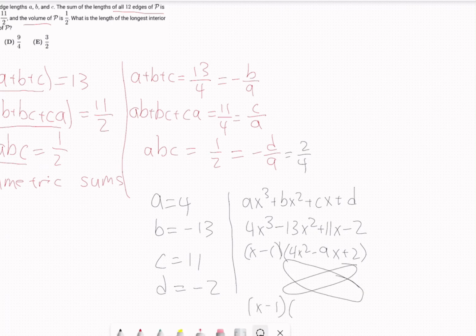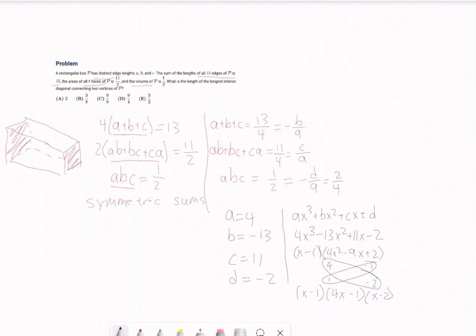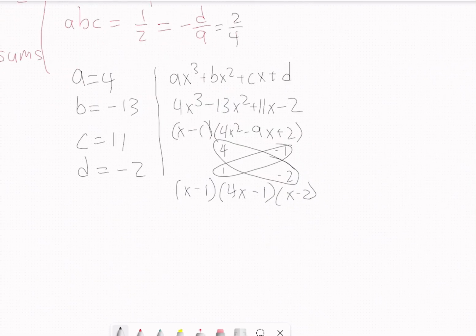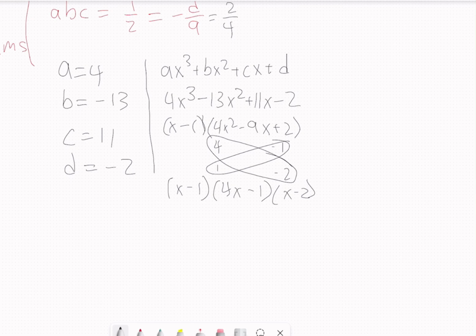I got the numbers messed up there. They are these. I calculated them earlier, forgot them, sorry. So now we finish the factorization, and we can find the roots. They are 1, 1/4, and 2.